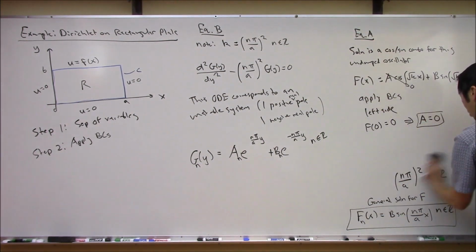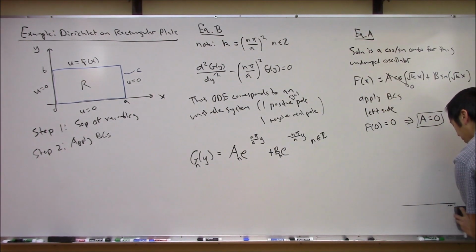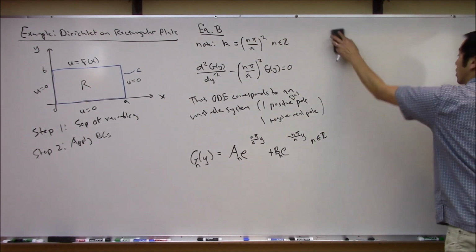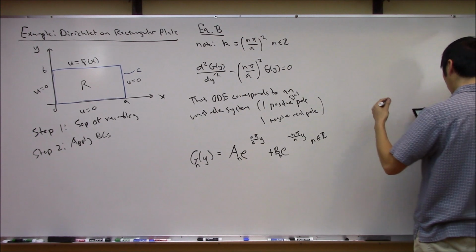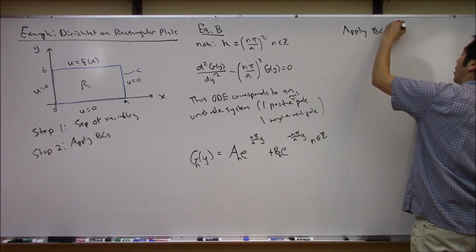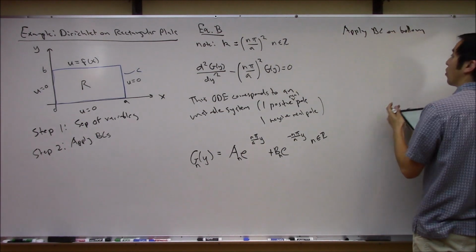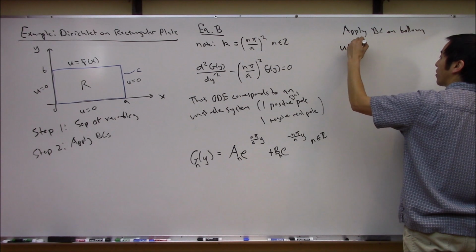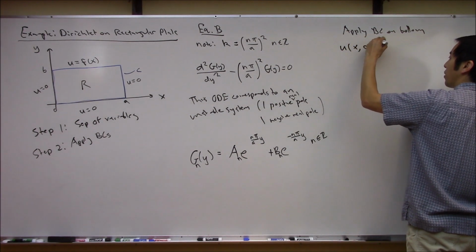Let's start with the bottom boundary condition. Let's apply the boundary condition on the bottom. If you remember, that says the temperature at any given x and y is equal to 0, that better equal 0.